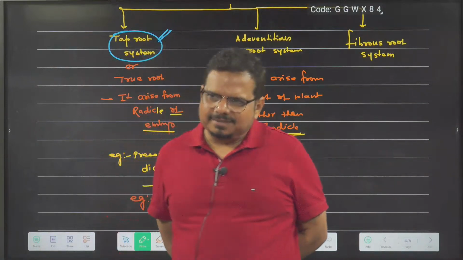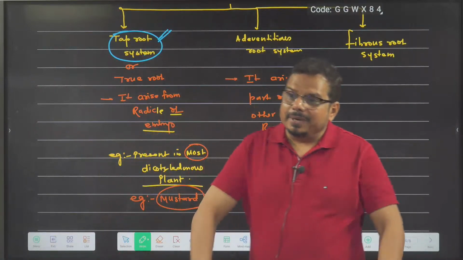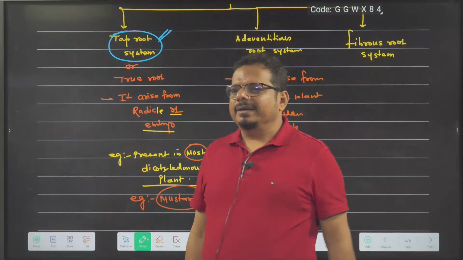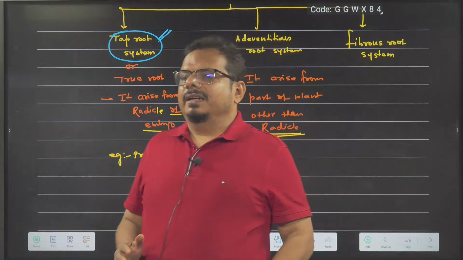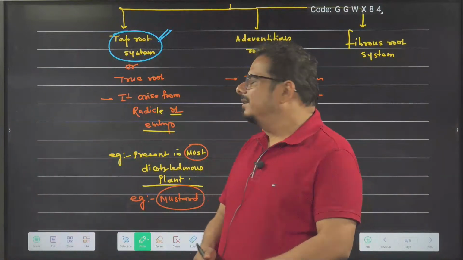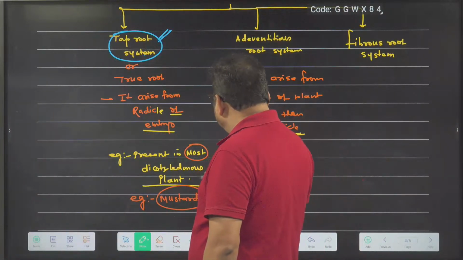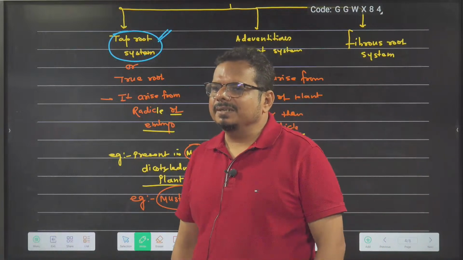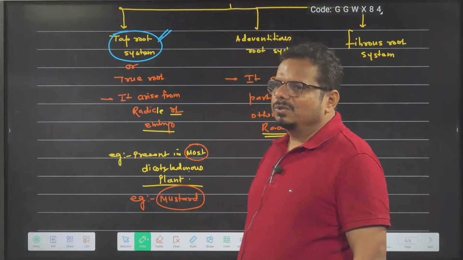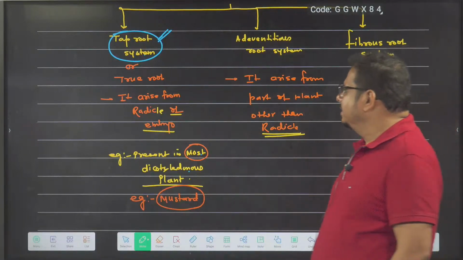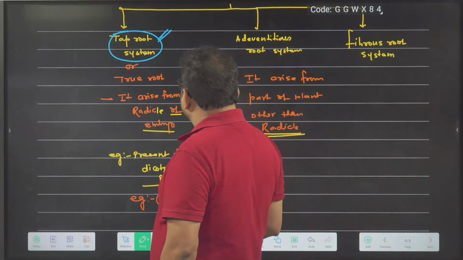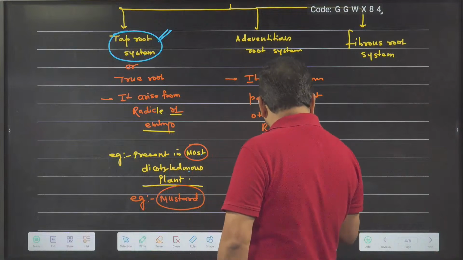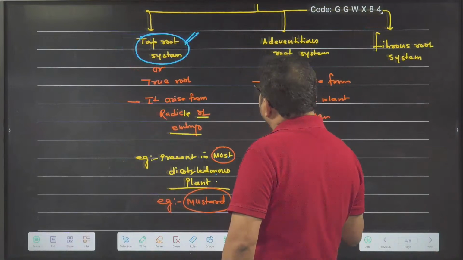So unless you have studied everyone, you don't have the right, and you cannot say with a guarantee that everyone has this. That is the reason we are writing the term most dicotyledonous plants. So taproot system is present in most dicot plants, mostly present in dicotyledonous plants. Getting the idea or not? Is it clear?